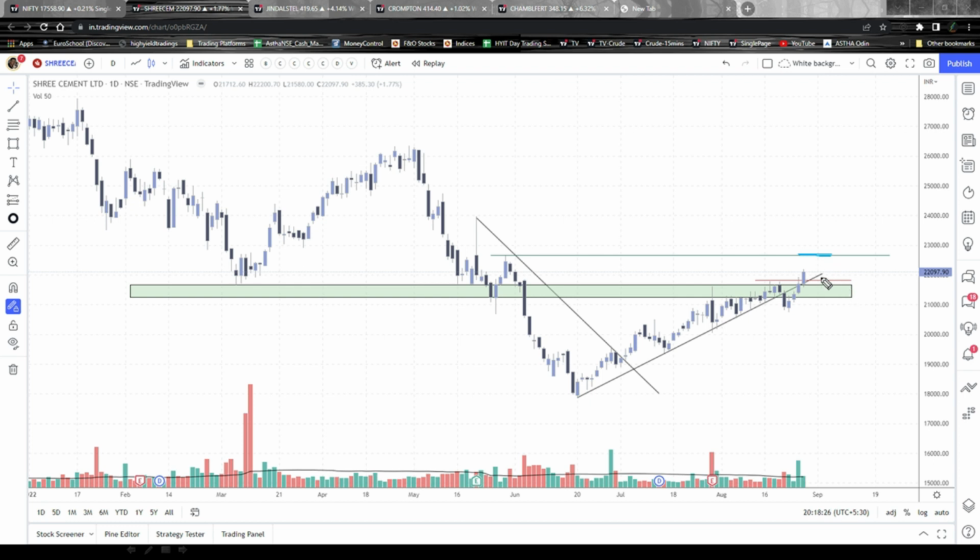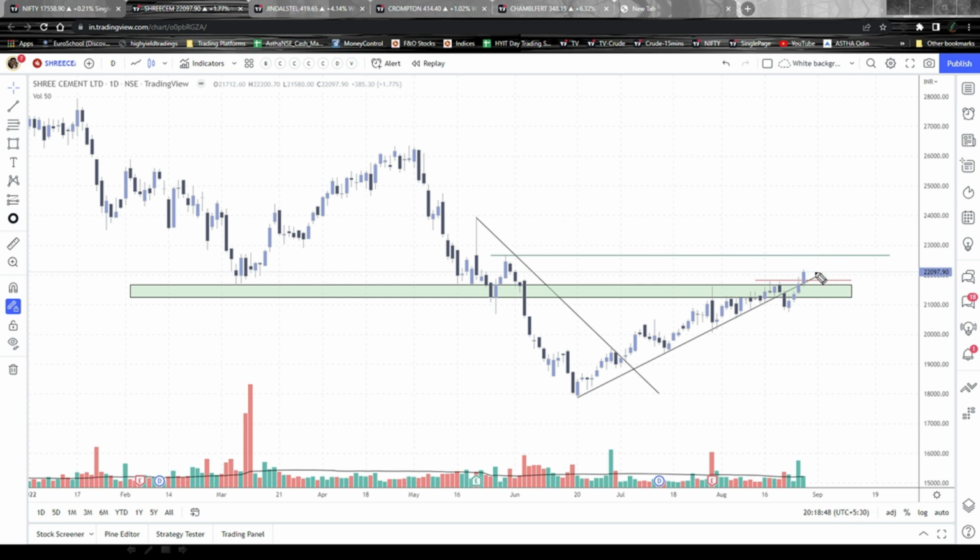I would suggest you wait and see if this retraces back a bit towards the support and then goes up, or it breaks this resistance or this high and starts moving up further. Depending on that, you can initiate your trade.